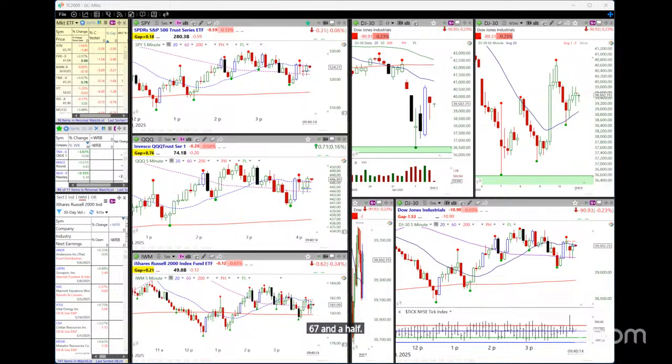I love this if it closes like this. I'll put that in the weekend letter. 67.5 is 50 by 115. So I'm gonna put an order out for $1.